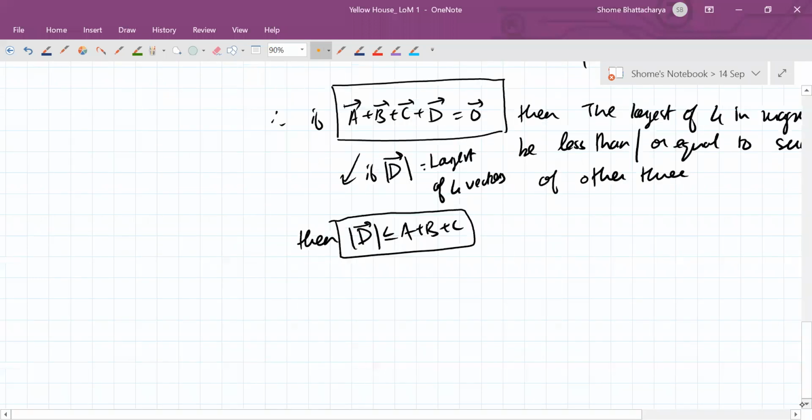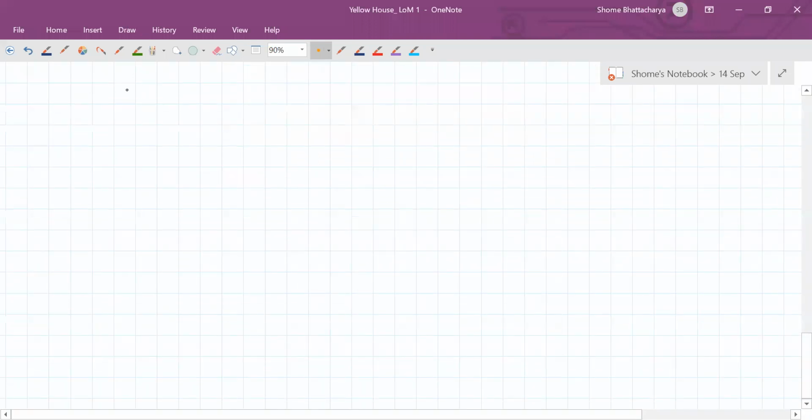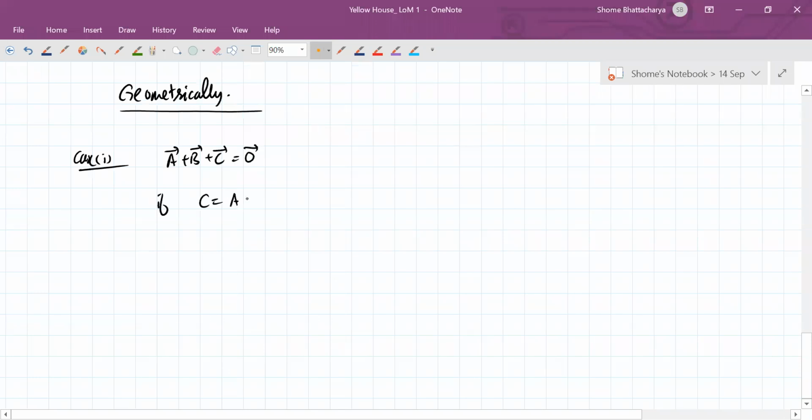Okay. So if you want to understand this solution geometrically, understand like this. Let's start with this case. A plus B plus C is equal to 0. Now in this, if C's magnitude is equal to the sum of their magnitudes, then it must be like this. If A is a vector like this and B is a vector like this, they must be along the same line.